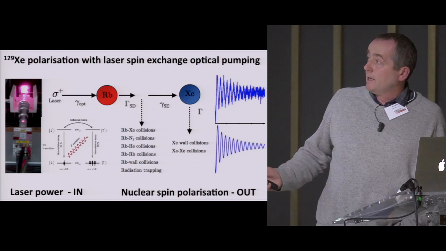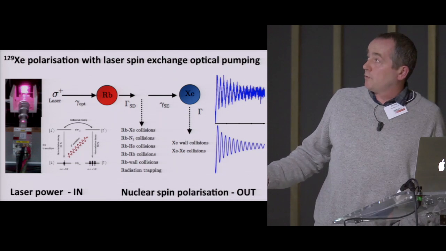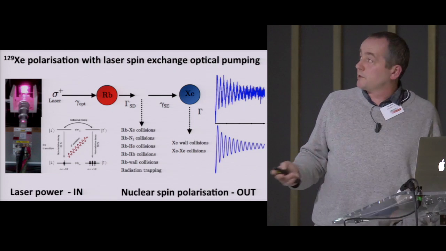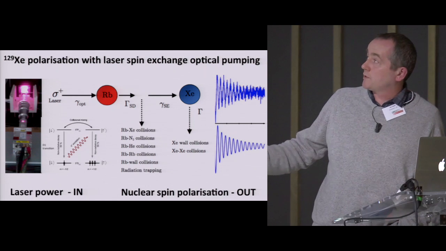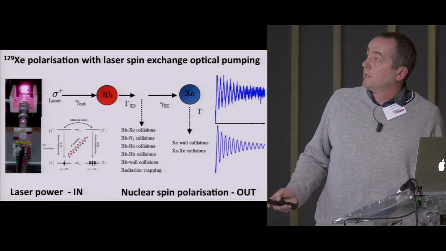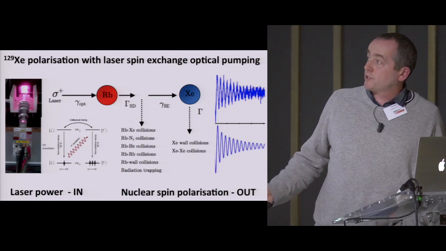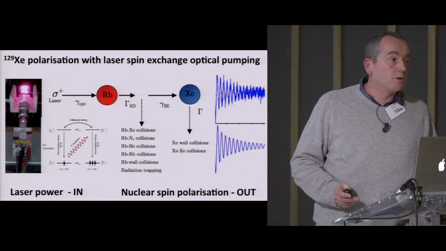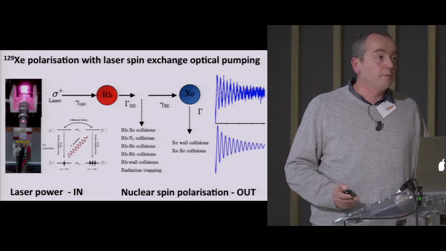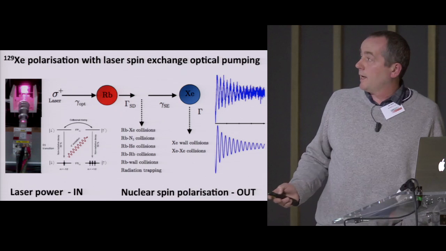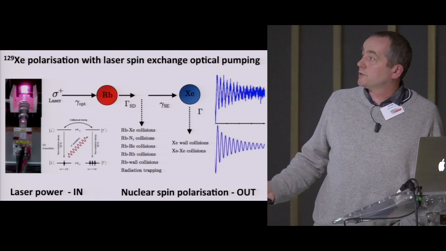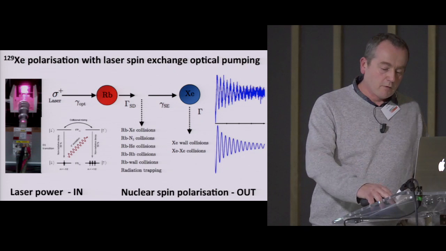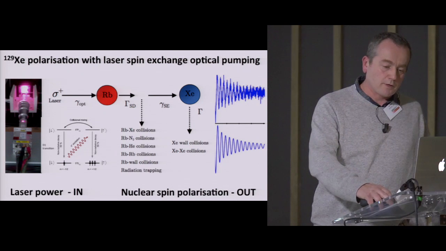And then rubidium atoms collide with xenon nuclei within the optical pumping cell, and eventually we get spin polarization transfer to the nucleus. Now, there are multiple relaxation sinks and spin destruction terms that we have to account for in the optical pumping process when we're looking at rubidium and xenon, and also xenon relaxation terms. I won't go through all of them, but I'll give you a quick overview of some of them, if that's okay.